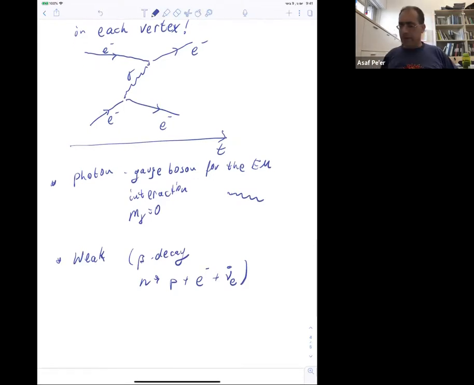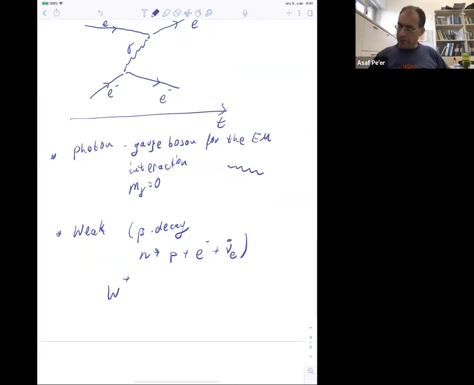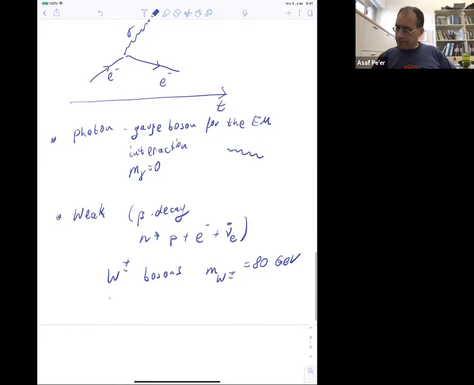This is mediated by, we said, three particles. Two of them are charged, so they are the W plus minus bosons. They have masses of about 80 GeV. It's quite heavy. And the neutral Z boson, Z0. Slightly heavier, 91 GeV.